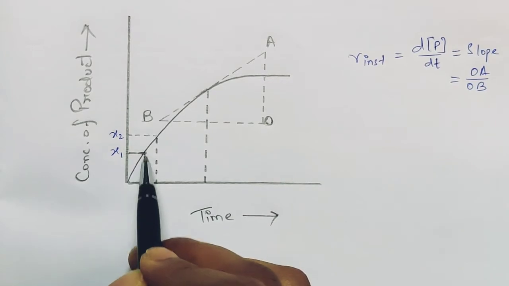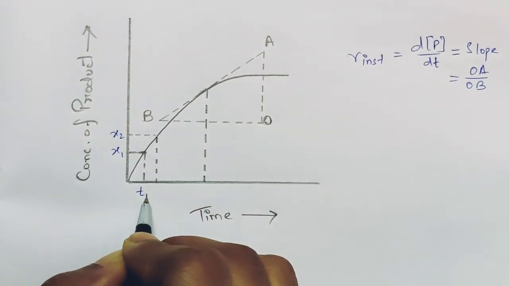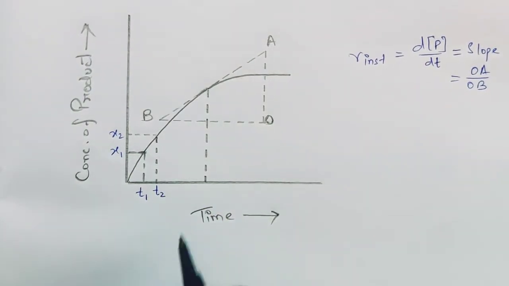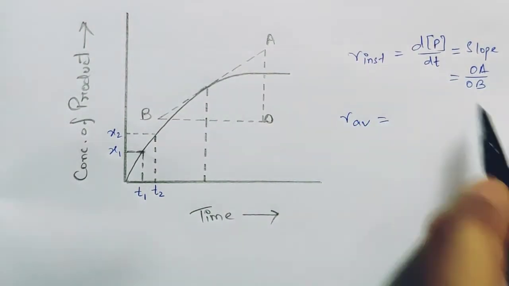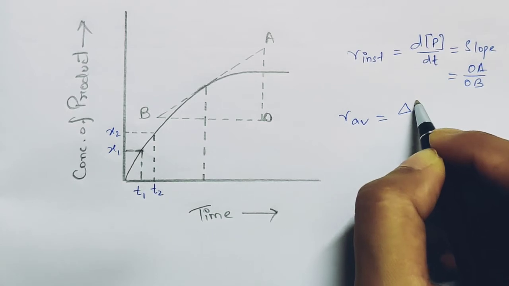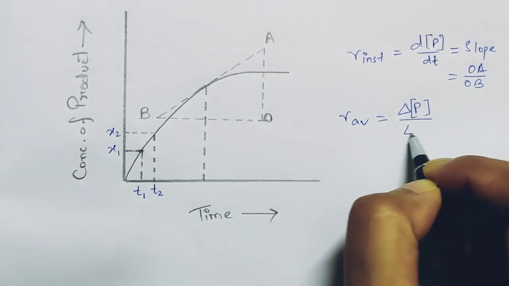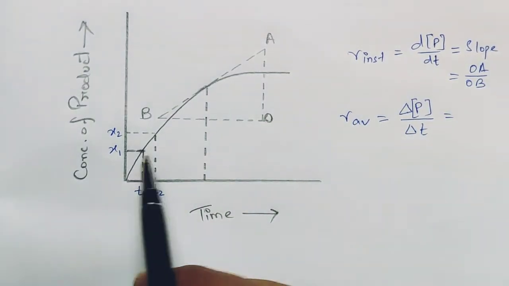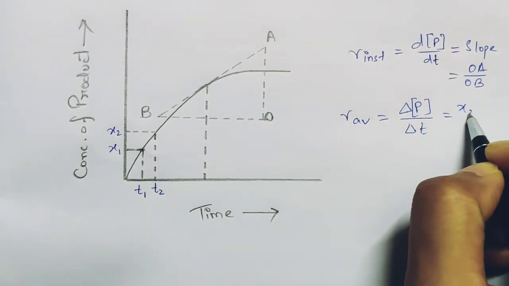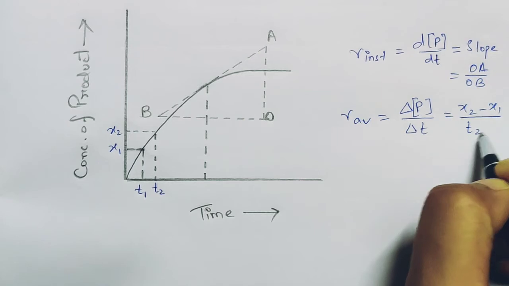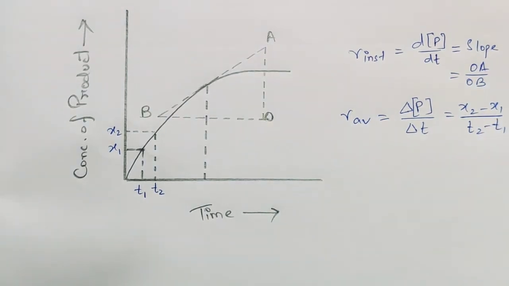For this concentration the corresponding time is t1 and for this one it is t2. So the average rate will be, which one? Again change in concentration by change in time. So it will turn to be this one. Clear?